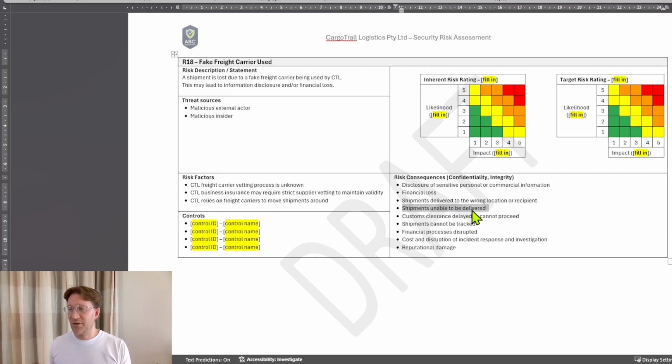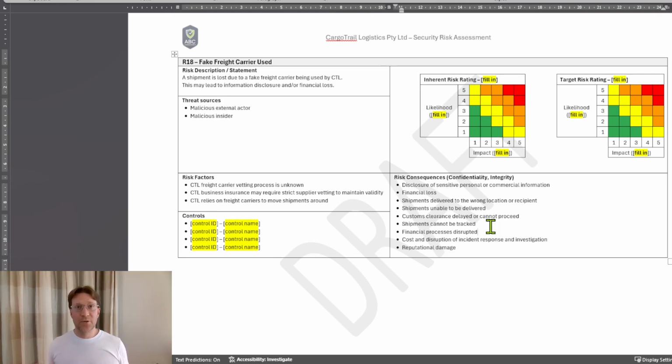It would probably not be delivered at all, and we would be responsible for the shipment. So we're looking at financial loss. We would also then not be able to have customs clearance go ahead if the shipment has disappeared. We would not be able to track it either because if we hired a legitimate freight carrier, they would have the tracking system in their vehicle. And since we've given it to someone else who is not a legitimate freight forwarder, it's highly unlikely they would have this tracking system. And so we wouldn't know where the shipment has gone.